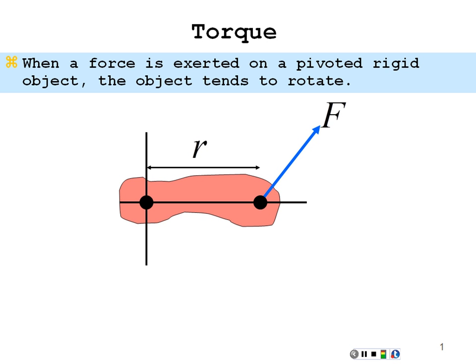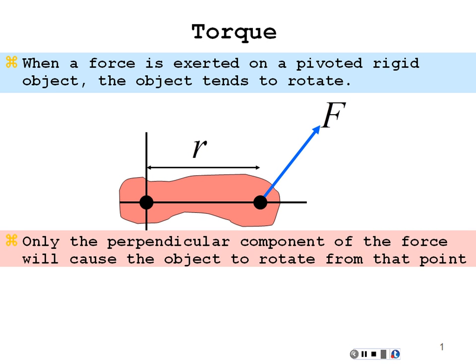We're going to define the torque as being equal to the distance to that point where the force is applied times the perpendicular component of this force. Now, if the angle between that radial direction and that force is phi, then the perpendicular component is going to be equal to F sine phi.